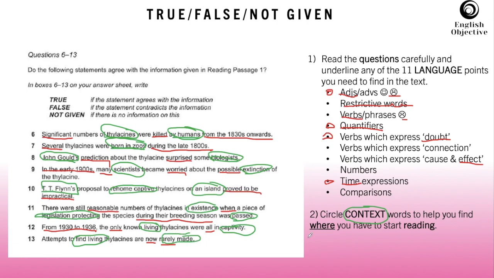So, whenever I have identified all the language points possible and my context keywords, what I'm going to do now is find my context keywords first. By scanning the text, I can easily pinpoint what section of the passage I would have to read so that I can find the answer.